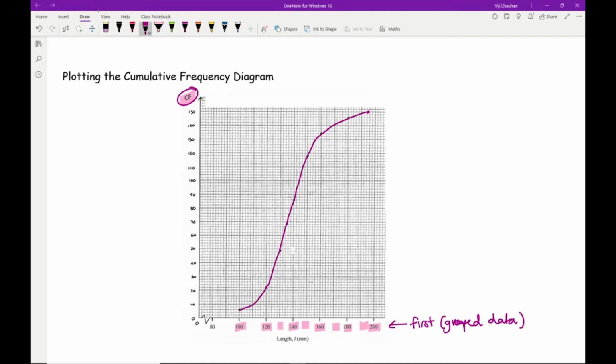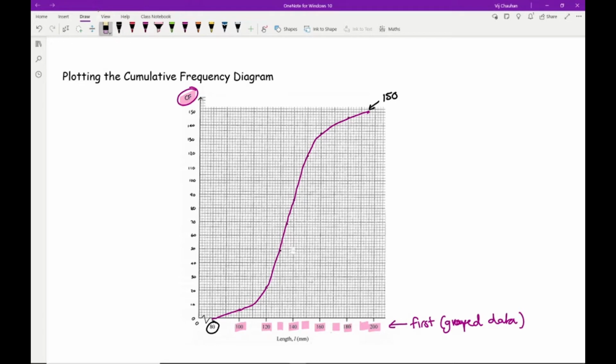Because the minimum point is at 80, I'm going to join those points up like so. That's not too bad, and you can see that we've completed our cumulative frequency diagram. I've joined them up with smooth curves, it's going through all the points, and the line starts at 0 at the minimum point, which is 80, and it hits its peak at 150, and that's the top value.